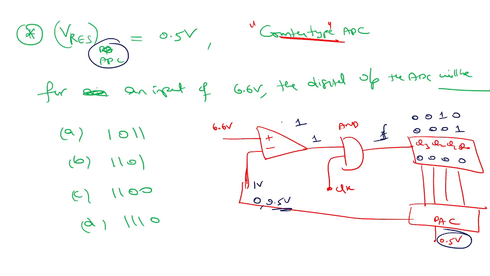6.6 is greater than 1. Clock is applied. Then 0, 0, 1, 1, 1.5 volt.